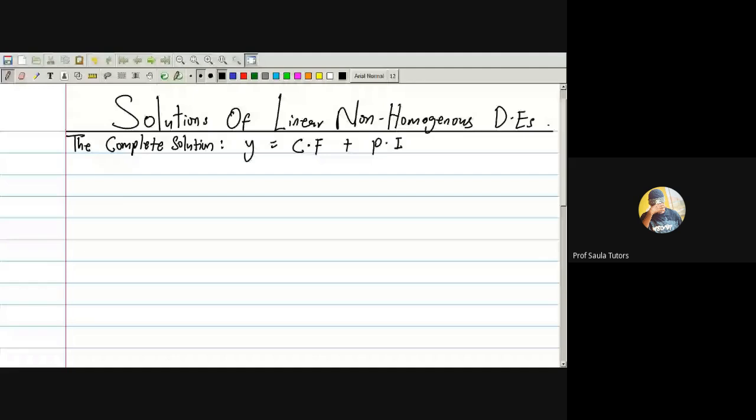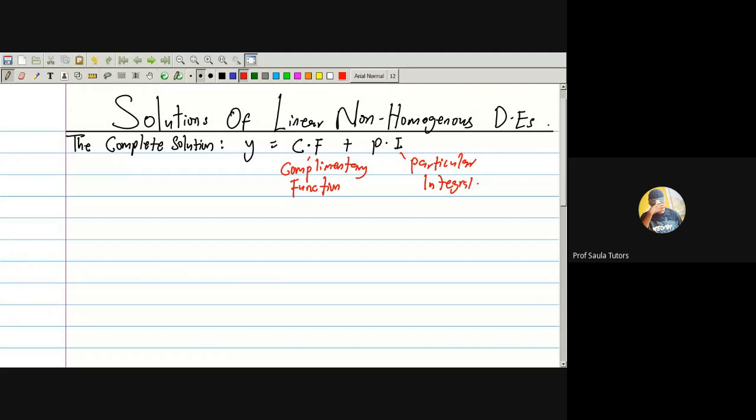Just take note of this point, very important. The complete solution to a linear non-homogeneous differential equation consists of two parts. CF is called complementary function, and PI is called particular integral.